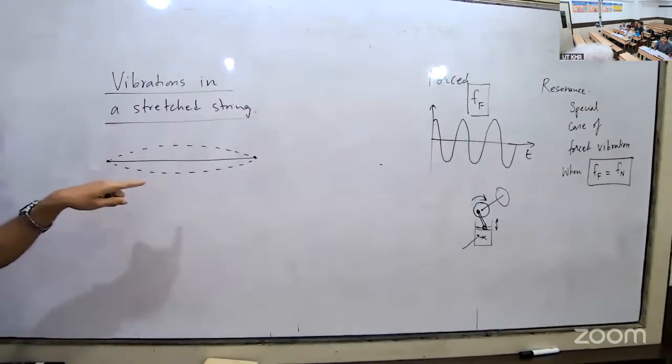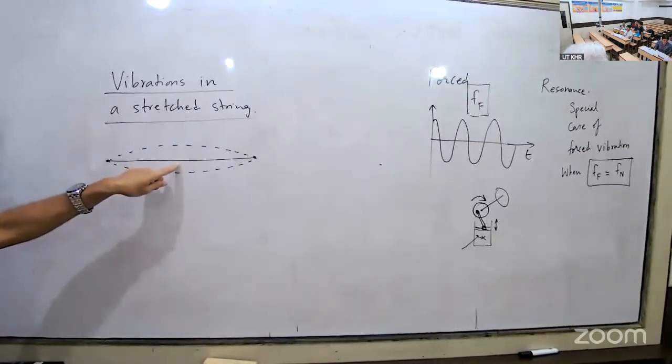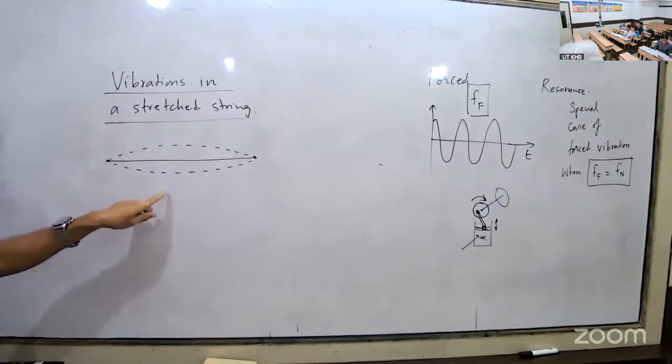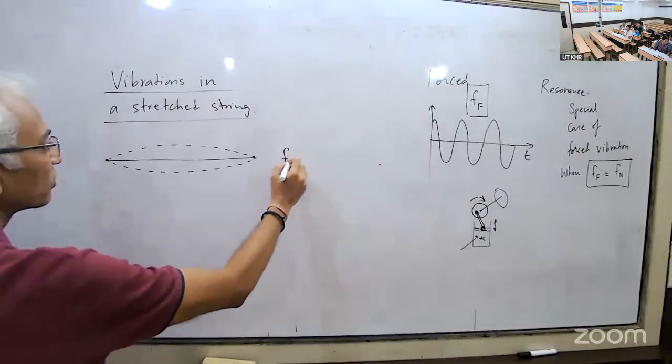How will it begin to vibrate? It will vibrate like this when the string is plucked in the middle. So this is the smallest frequency, and it is called fundamental frequency F1.